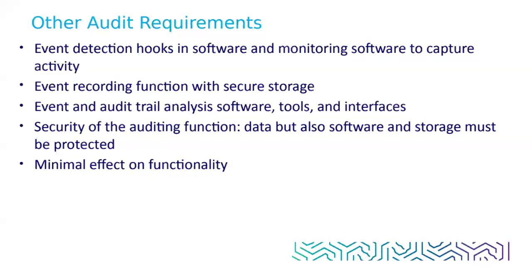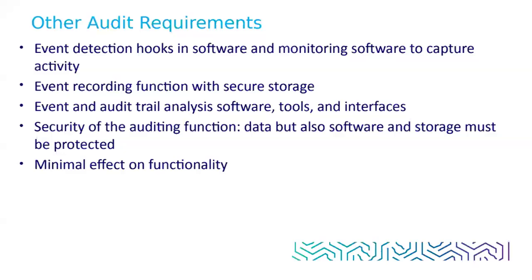And then we have some more other audit requirements also. See, this is going to explain the additional requirements which are required for a completely effective security auditing system. So the event detection hooks are the mechanisms built into the software that detect and capture the system activities for auditing.